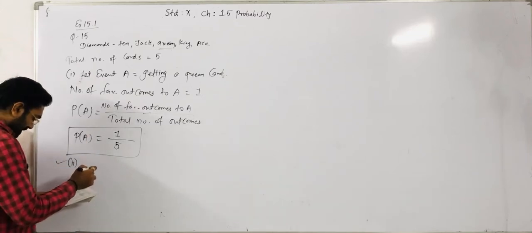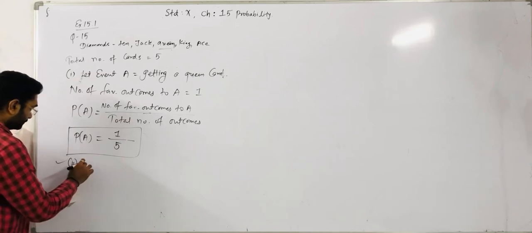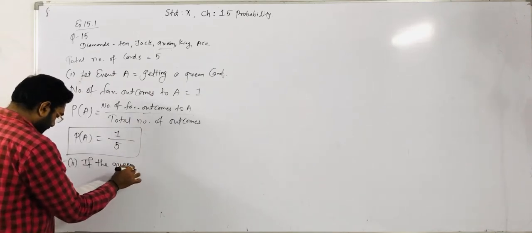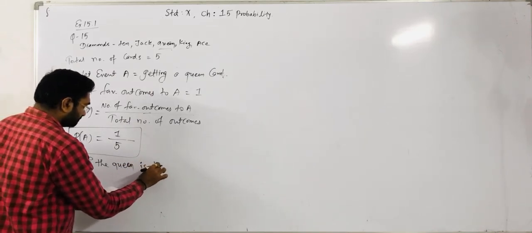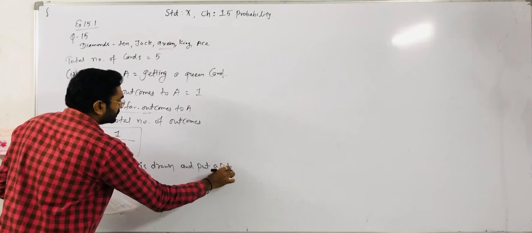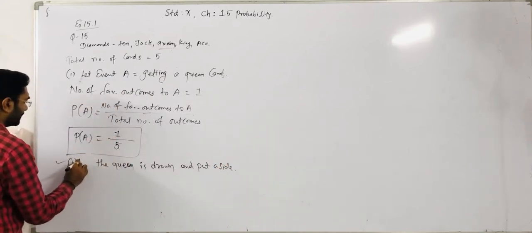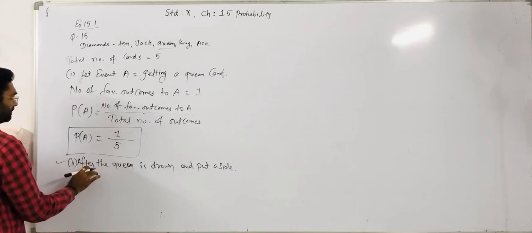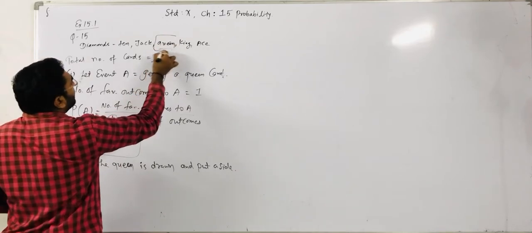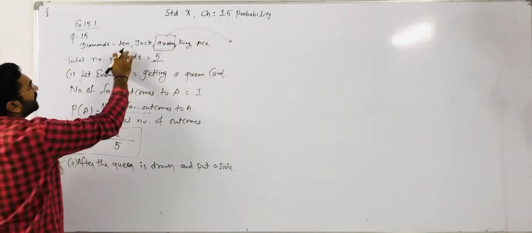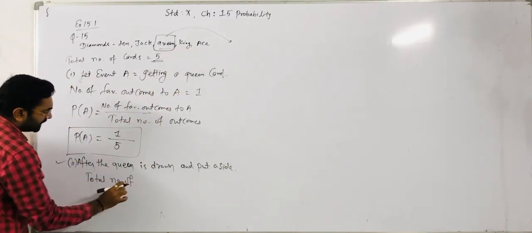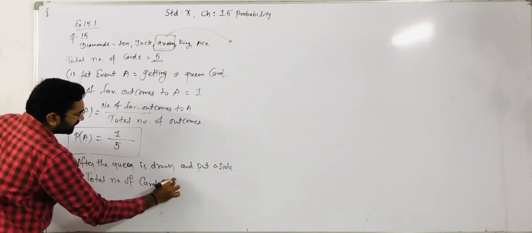So after the queen is drawn and put aside, from the 5 cards, if the queen card came and you put it aside, how many total cards do you have remaining now? 4.